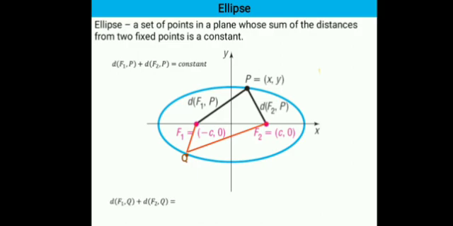We have here that the distance from your F1 to Q plus the distance of F2 to Q is also a constant. Therefore, we can say that both of the distances are the same. So distance of the first F1P plus F2P and the distance of F1Q plus F2Q are equal.